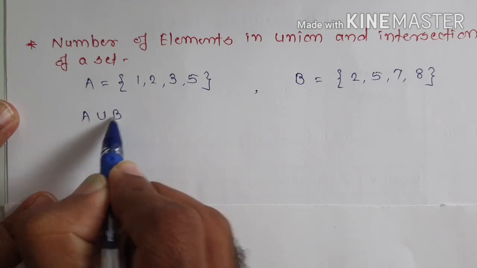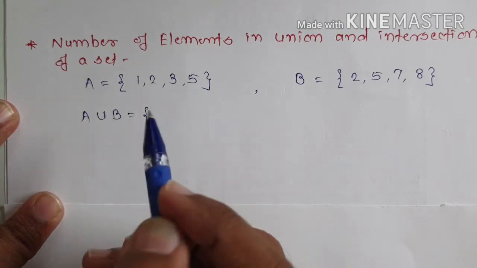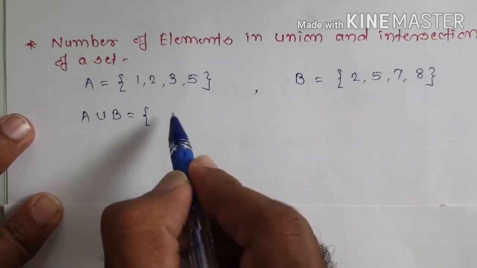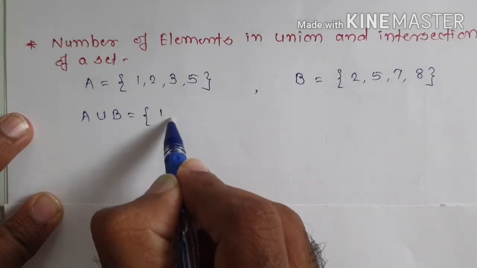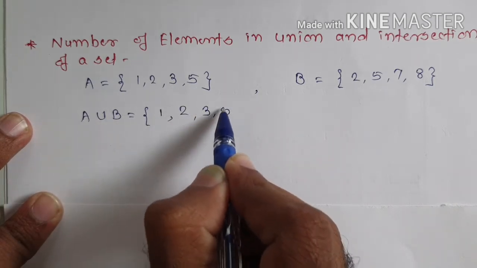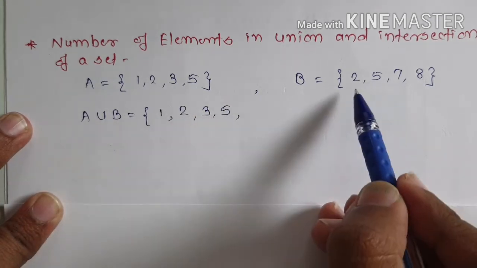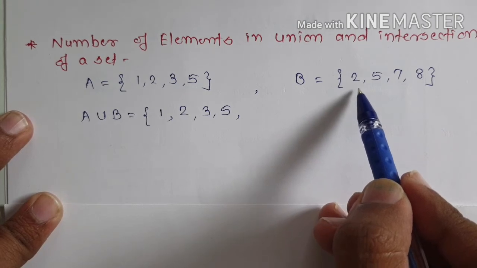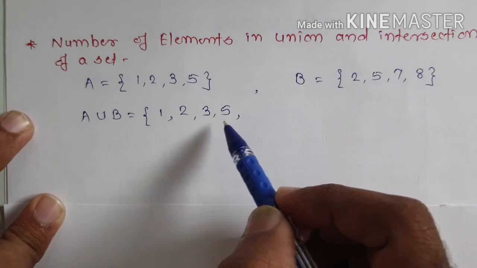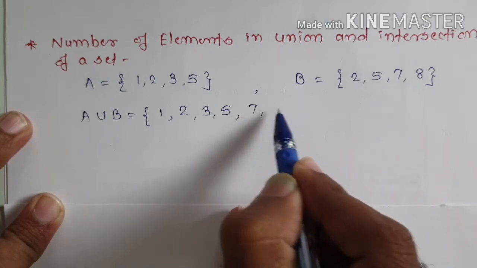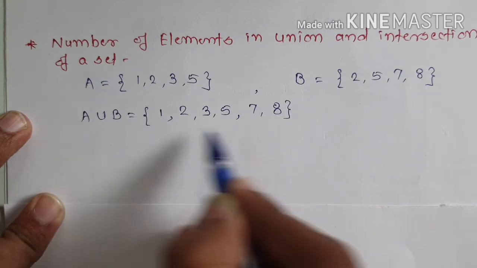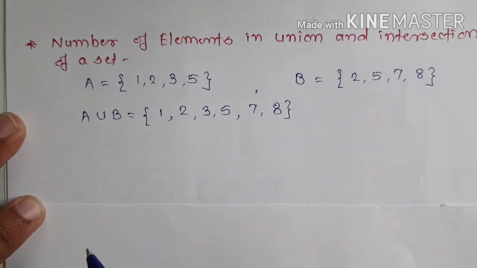So A union B, as we know, we collect all the terms from set A and set B. First we take the elements of set A, that is 1, 2, 3, 5, and then elements from set B, that is 2, which we have already taken, 5, which we have already taken, we add 7 and 8 to it. So this is the union of set A and B.